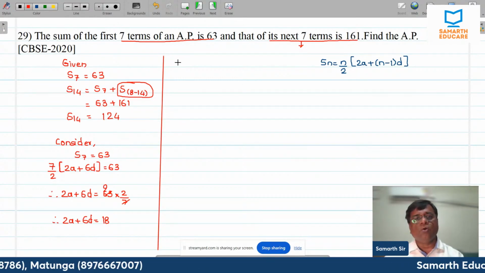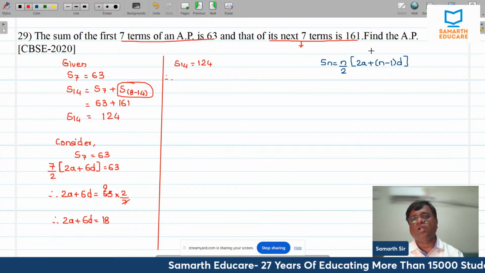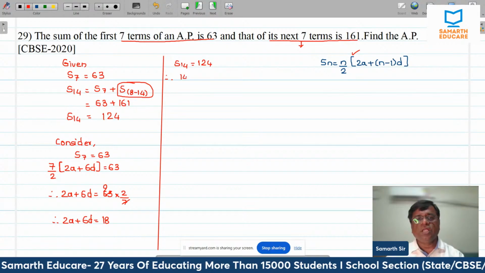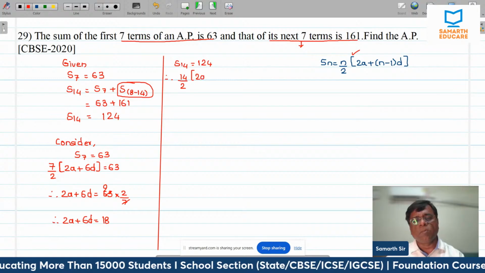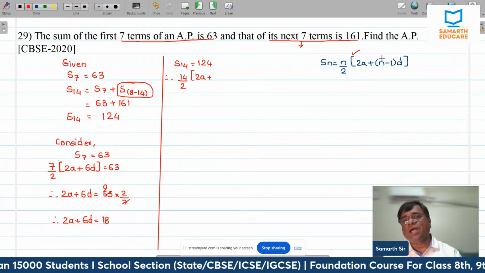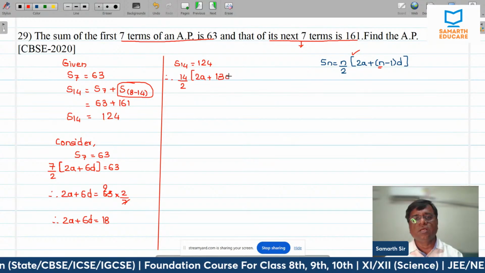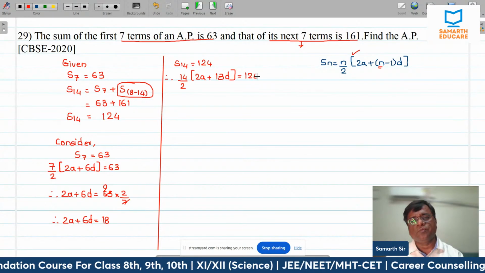Okay, now S14 is 224. How do I find S14 using this formula? So 14 upon 2, that is n upon 2, into 2a plus n minus 1, n is 14 minus 1, that is 13, d, is equal to 224.